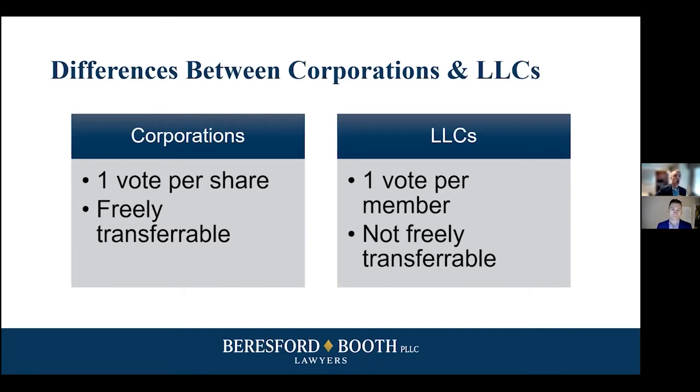So if I transfer all of my economic rights in my LLC to you, Caleb, I have unwittingly lost my power to vote, and I haven't transferred it to you. And so you can end up with an enormous problem. Maybe you thought that I could transfer economics, but I could still vote and cause a deadlock, and that's just not the way that it works.